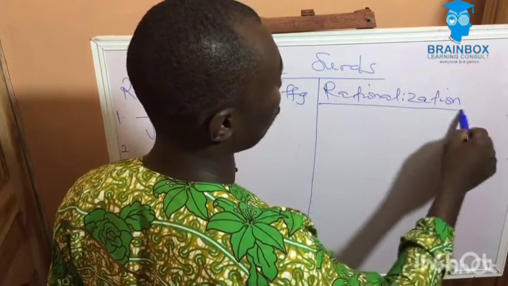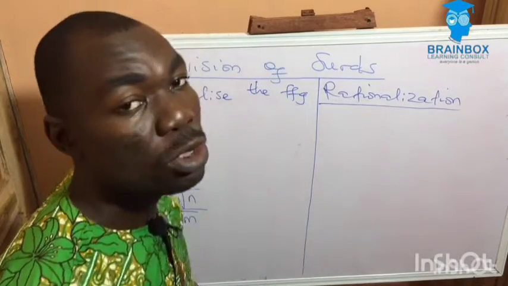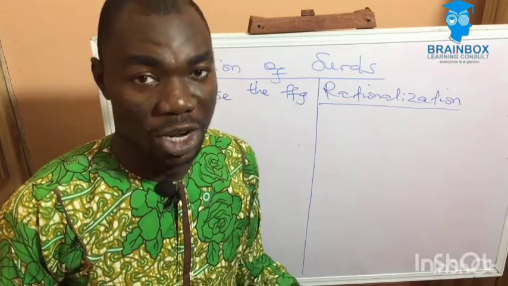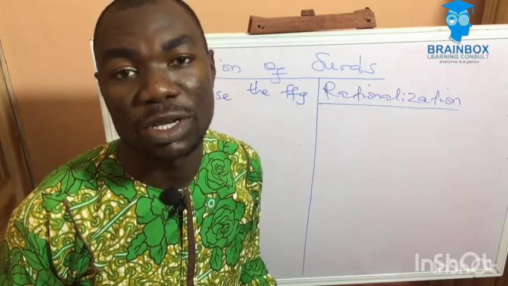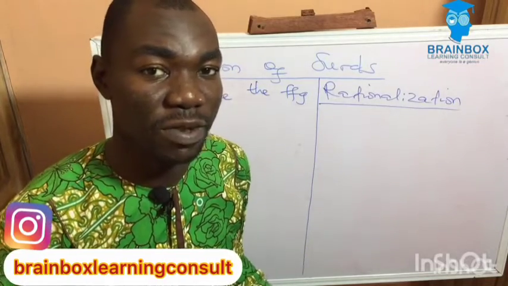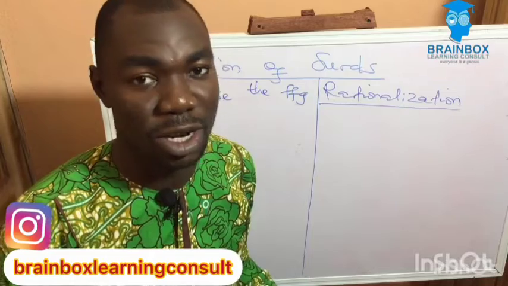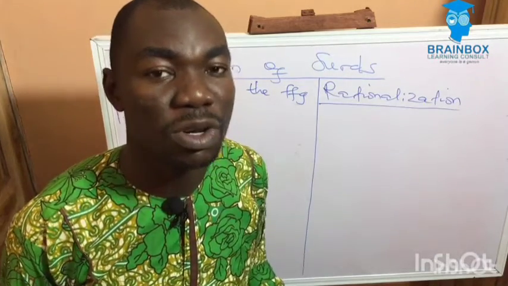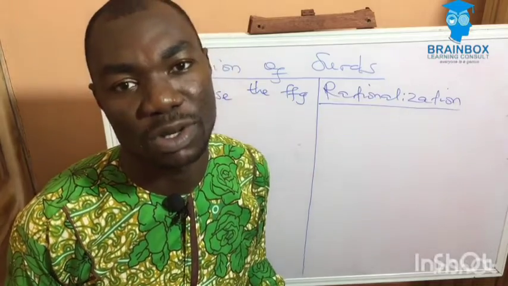What does it mean to rationalize a surd? To rationalize a surd means, in a fractional surd, taking the surd from the denominator, changing it from an irrational number to a rational number. That process is what we call rationalization of surds.